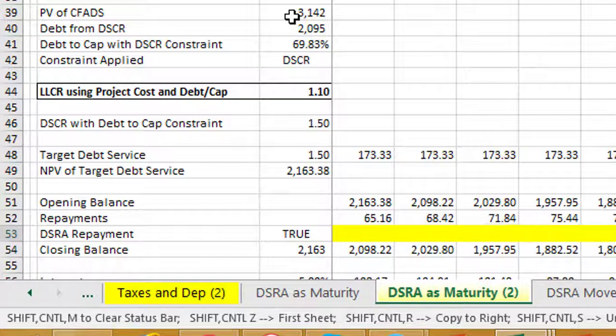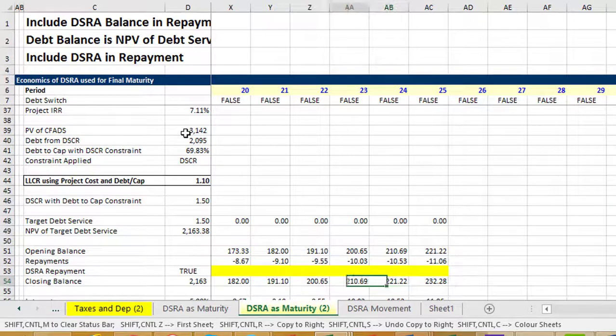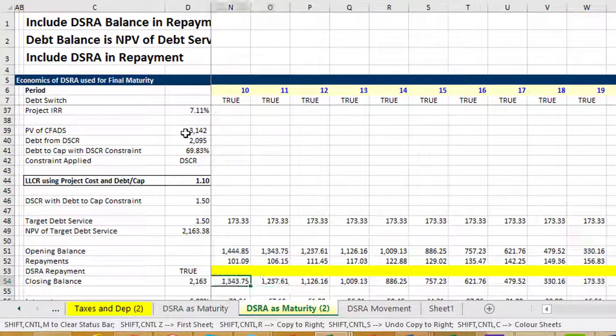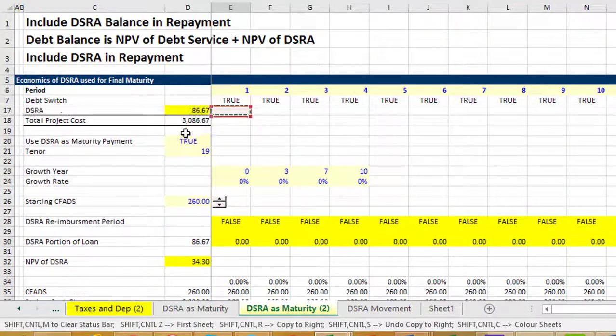Now, if we added the debt capacity, you notice that we never have repaid the debt. But if we just use the, multiply this by the DSRA.